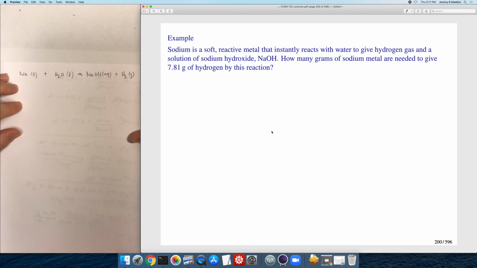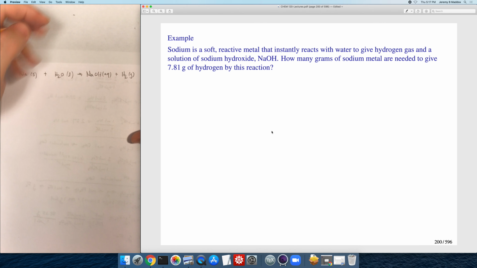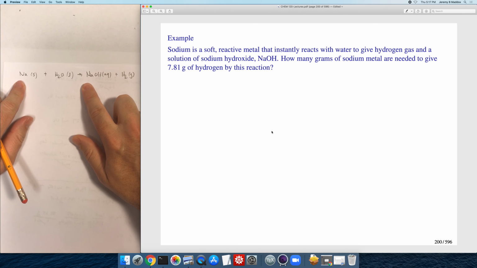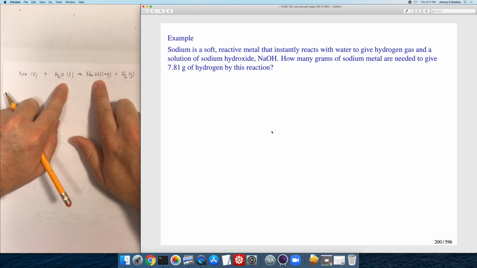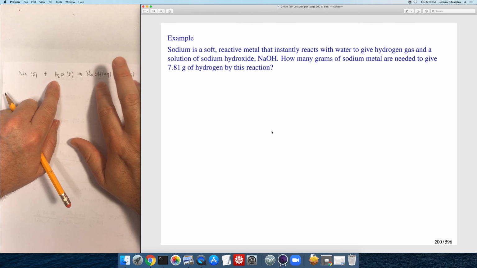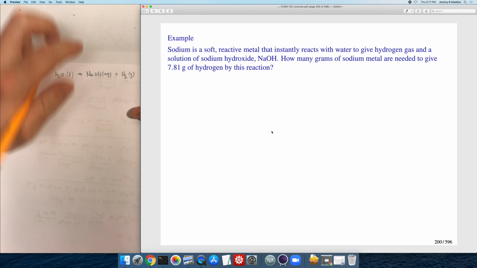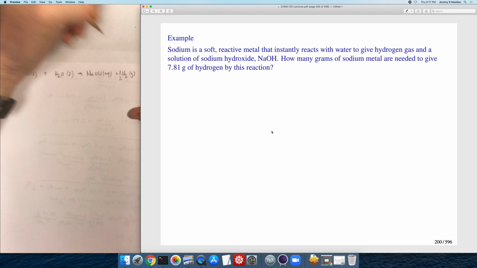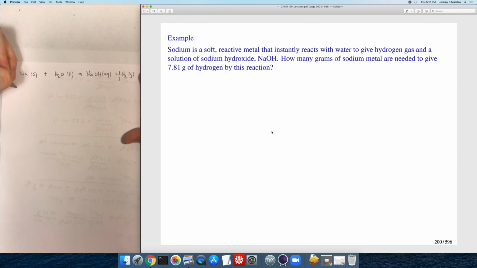We want to make sure that this reaction is balanced before we continue. So sodium, sodium, balance, 1 oxygen, and we've got 2, 3 hydrogens. So we have 1 extra hydrogen on this side that we need to get rid of. We'll try the fraction trick here. Then we'll multiply the reaction by 2.